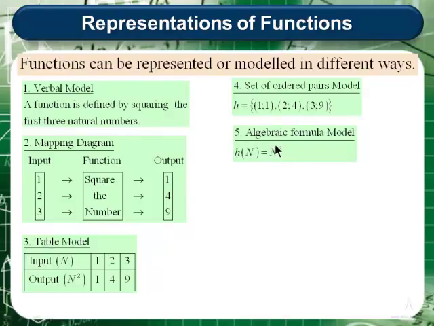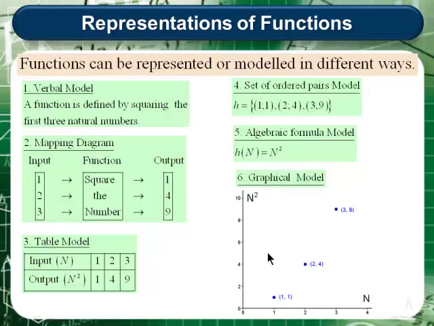Of course, I can eventually just write down an algebraic formula model, namely h(n) = n squared. Maybe we should add here that it's not all the natural numbers, but n is an element of the set {1, 2, 3}.